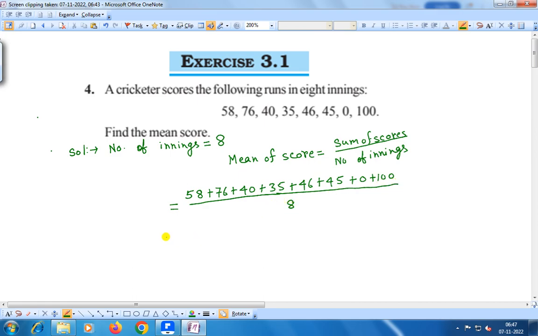right? Now we add all these numbers to get, here you see 8 plus 8 plus 6 14, 14 plus 5 19, 19 plus 6 25, 25 plus 5 30, 3 carry, here it is 0, right? 3.